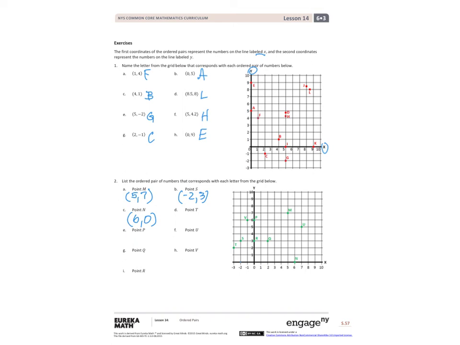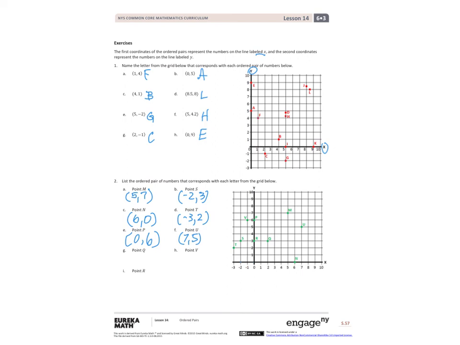Got it. How about T? I'm over -3, up 2. How about P? It says I'm at 0 and then I go up 6. So 0, up 6. That's the reverse of C. How about U? It says I'm over 7, up 5. Over 7 and up 5.